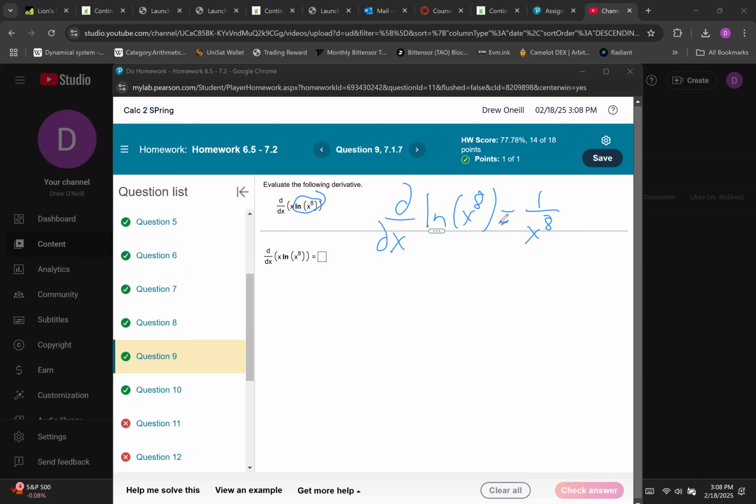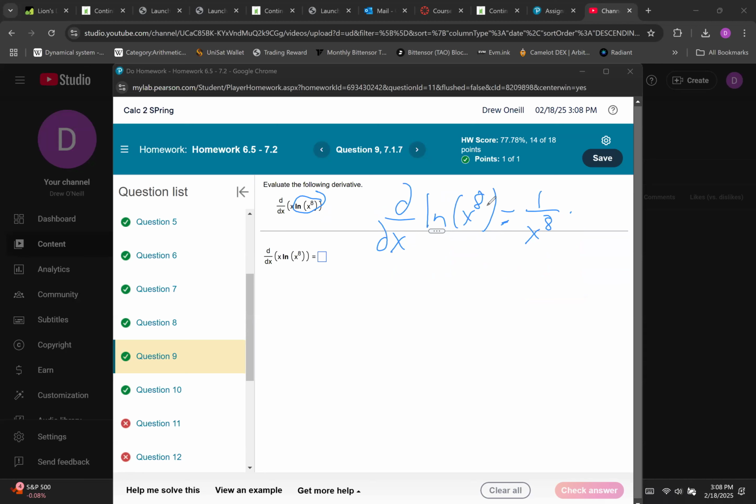But then the chain rule part is you also have to multiply by the derivative of that thing. So what's the derivative of x to the 8th? It's going to be 8 x to the 7th. So what we get here is 8x to the 7th over x to the 8th. That cancels, leaves us with 8 over x.